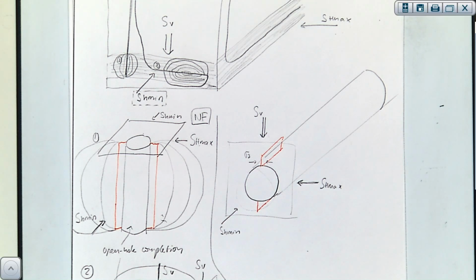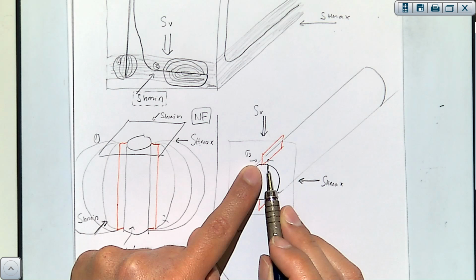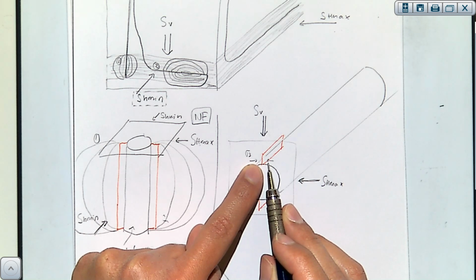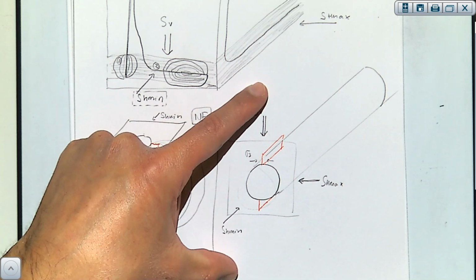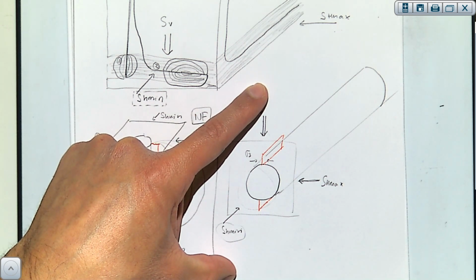The bigger the wellbore, the bigger the influence, but in relative terms, it's just like 1 diameter to 2 diameters maximum. Further away, there is almost no effect. The rock doesn't know at all that the wellbore is there. But close to the wellbore, it does. So while locally this might be the minimum principal stress, up here, the minimum principal stress is going to be this one.